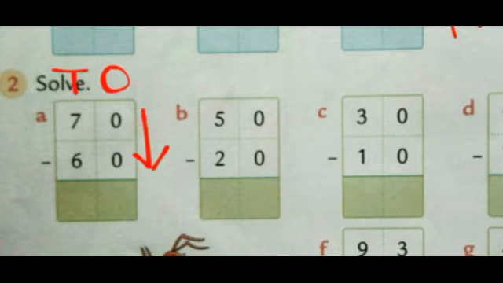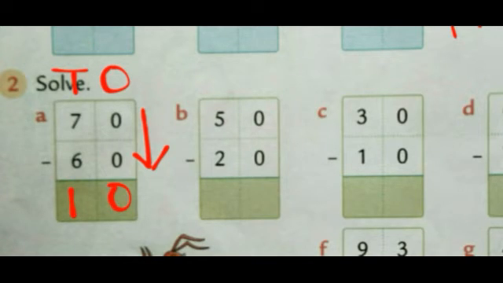So what is 0 minus 0? 0. Now step number 2, subtract the tens. What is given in tens? 7 minus 6. When you subtract 6 from 7, you will get 1. Okay? So 10 is the answer.